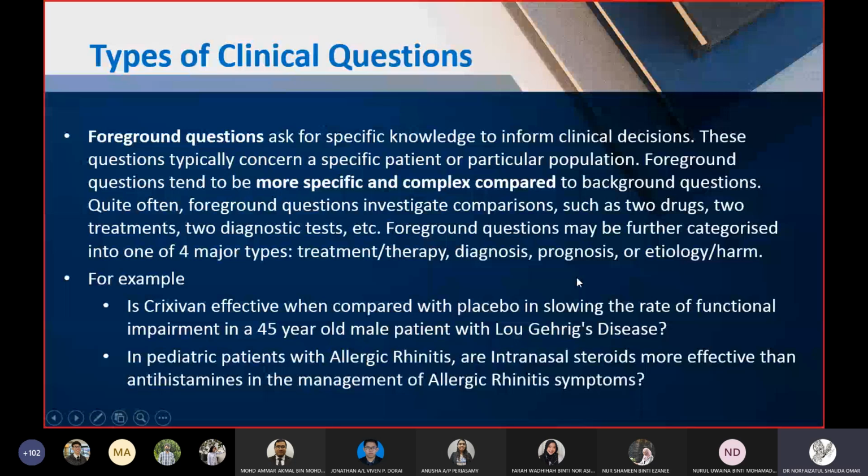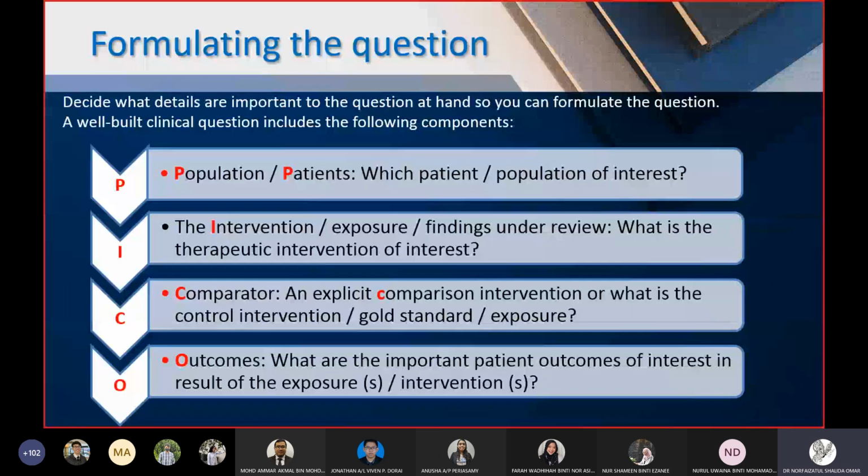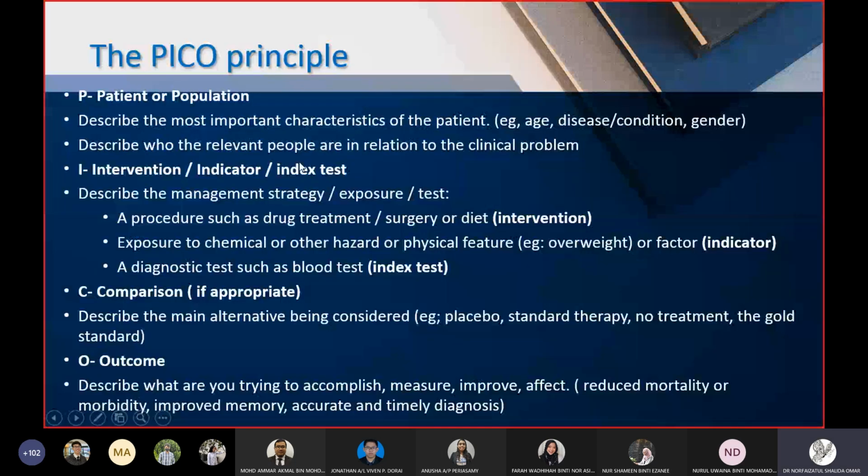So when you come up with the clinical questions, these are things to take into consideration, this PICO thing. Okay, let's see, these are the principles. The population describes the most important characteristics of the patient and who the relevant people are in relation to the clinical problem.